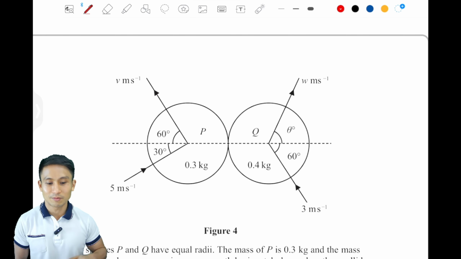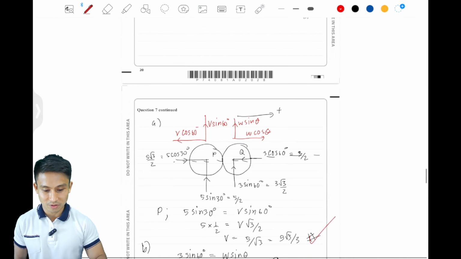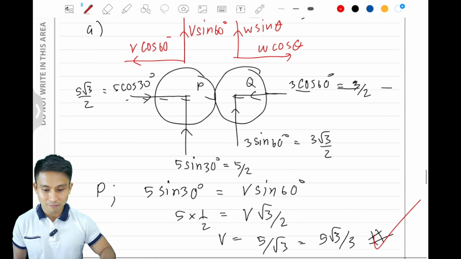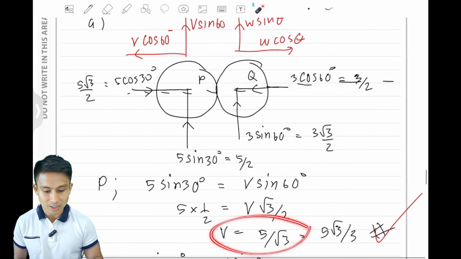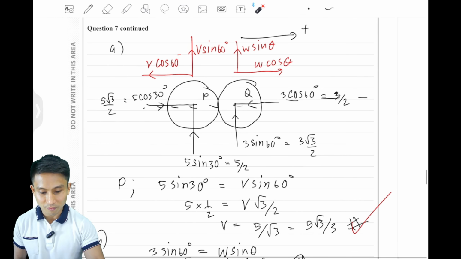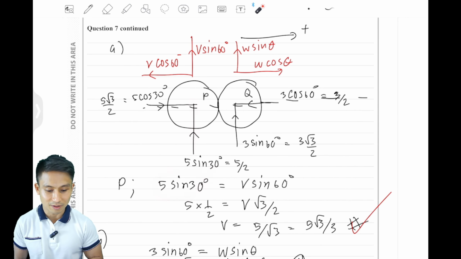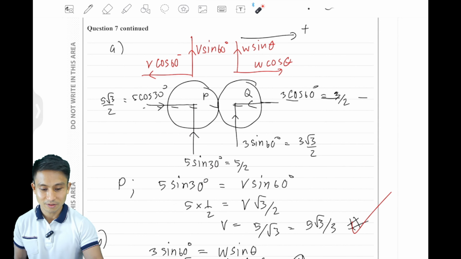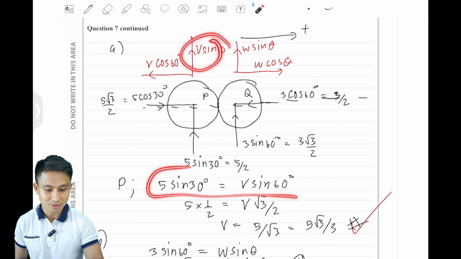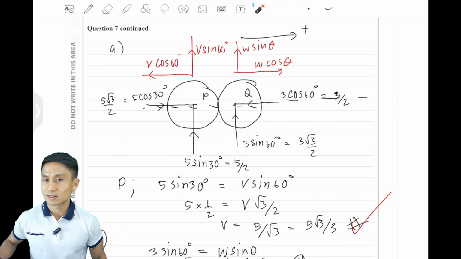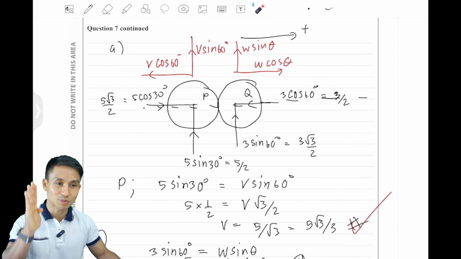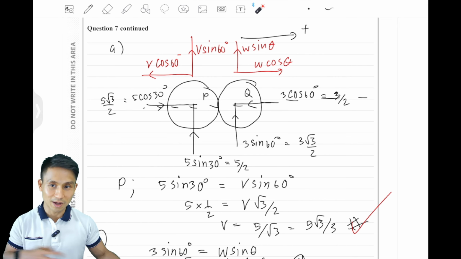So when you know that, for example for part A, you can just find the required speed here by doing, because before it was 5 sin 30, so after, which is v sin 60, they are equal because in the perpendicular direction to the line of centers, speed is constant for either particle.